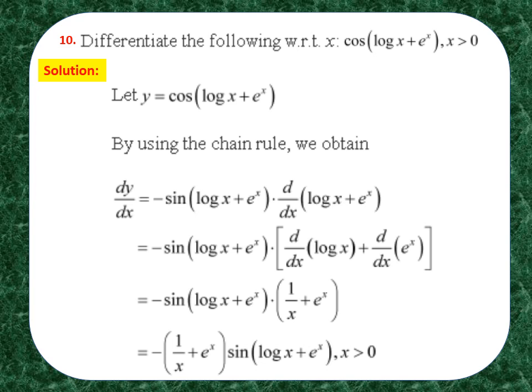Now we have to differentiate the bracket, log x plus e power x. We know that the differentiation of log x is 1 upon x, and the differentiation of e power x is e power x. By simplification we are getting our answer as minus (1 upon x plus e power x) multiplied by sine (log x plus e power x). Clear? So I hope you understood. So pause and note down the solution.